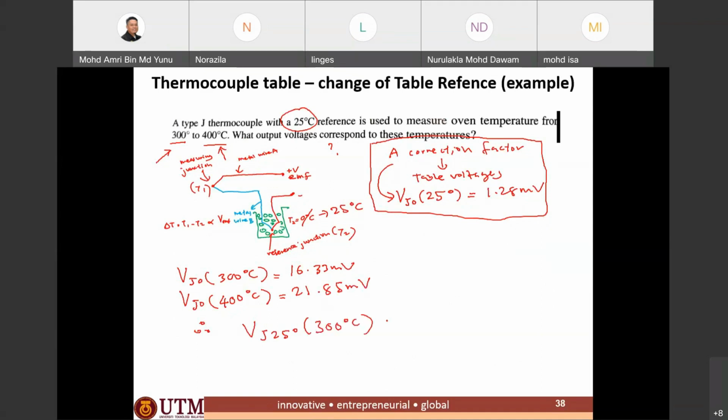So finally, the actual output when the junction has increased to 25 millivolt for 300 degrees Celsius is equivalent to, from the table for 300 degrees Celsius, minus the correction factor. So it will be 16.33 millivolt minus 1.28 millivolt, so that will be 15.05 millivolt. So look at this.